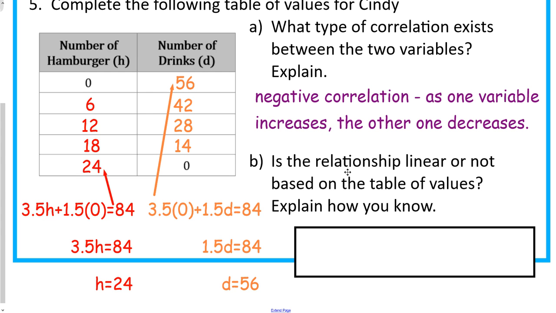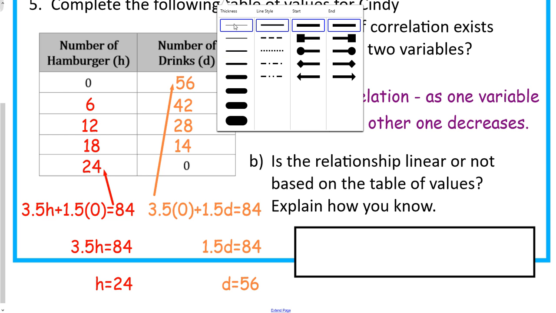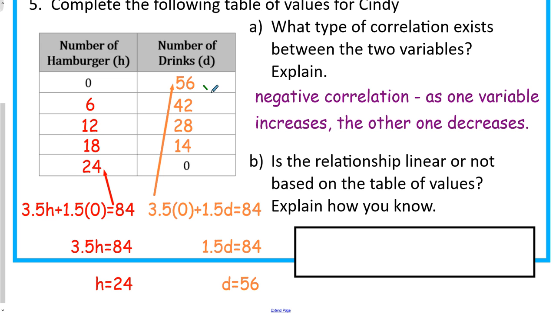Is the relationship linear or not based on the table of values? So looking at the table of values, what you want to check for are first differences. I'm not sure if you remember, but we did this before we went on March break, right? The way you find first differences is you subtract the bottom number from the top number. So 42 minus 56 is going to give you negative 14.